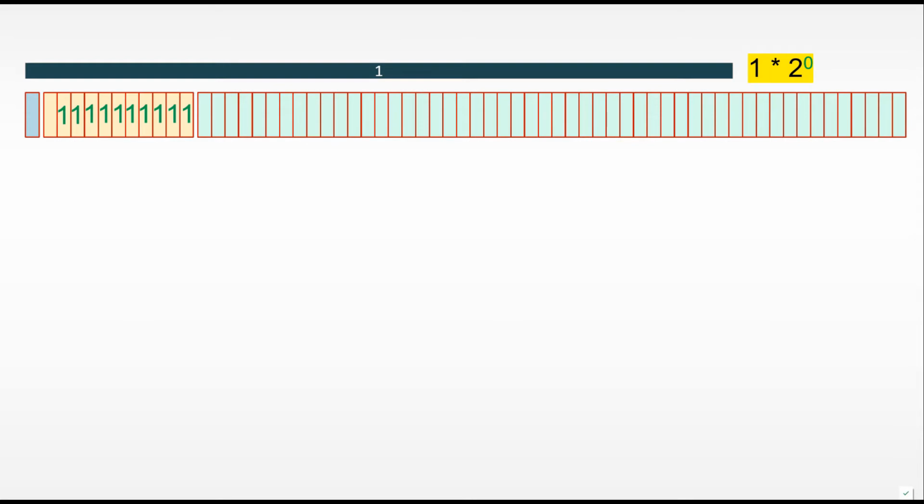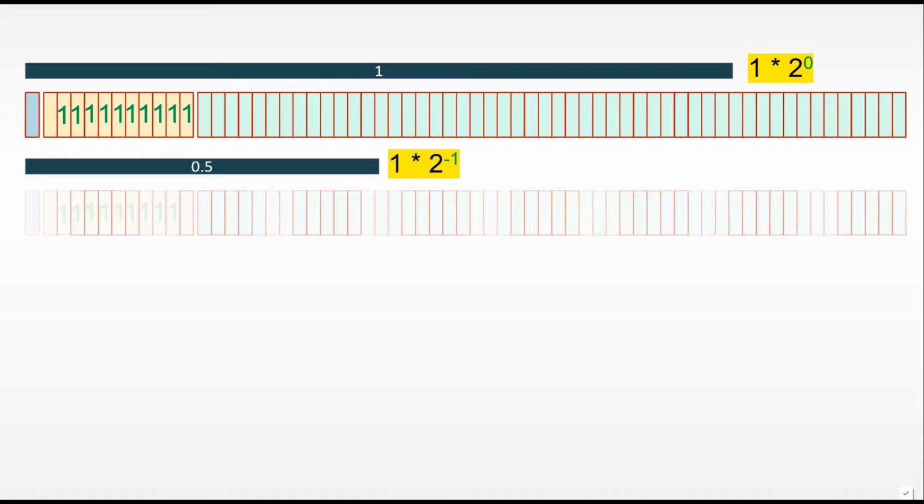This is how we would describe this number using the bits notation. Notice this is quite straightforward. We just have a number of ones in the exponent and then everything else is 0. If we have 0.5, which is 1 divided by 2, in binary this would be 1 times 2 to the negative 1.